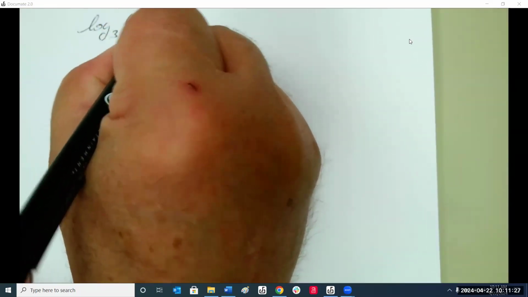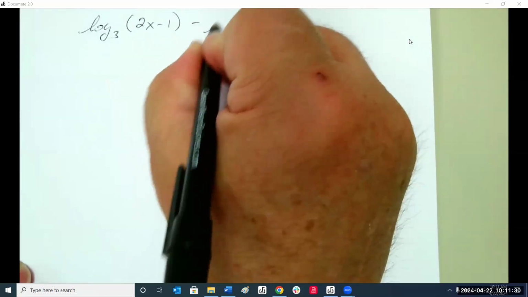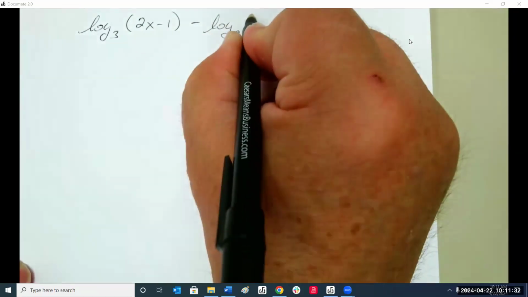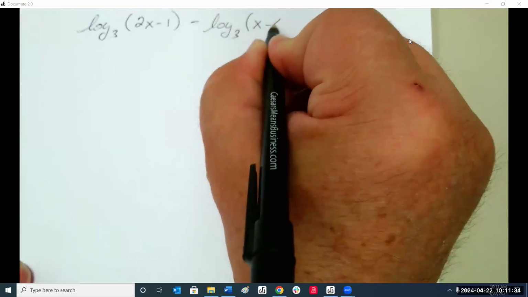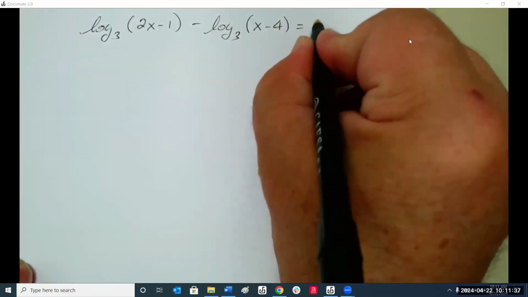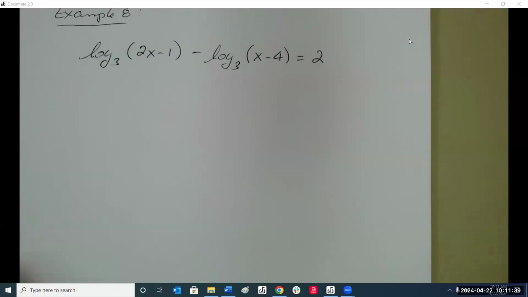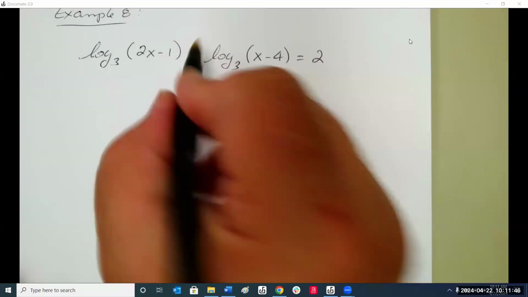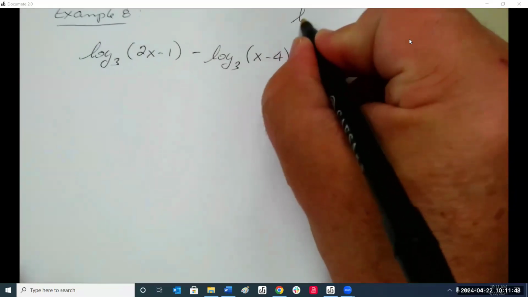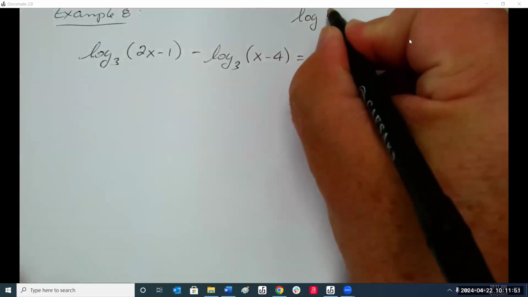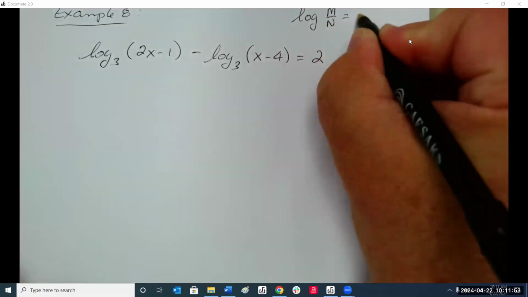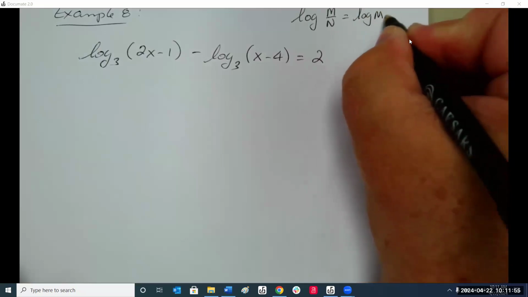Example 8. Log base 3 of 2x minus 1 minus log base 3 of x minus 4 equals 2. It's a quotient because the rule we're using here is this one.